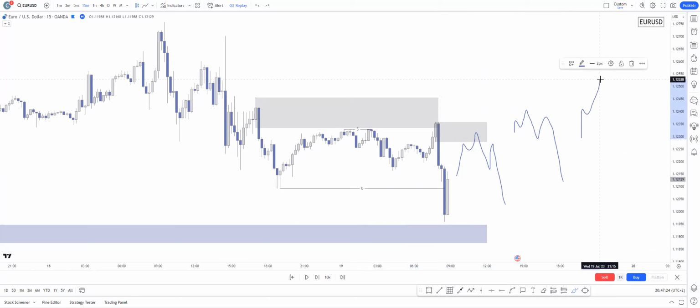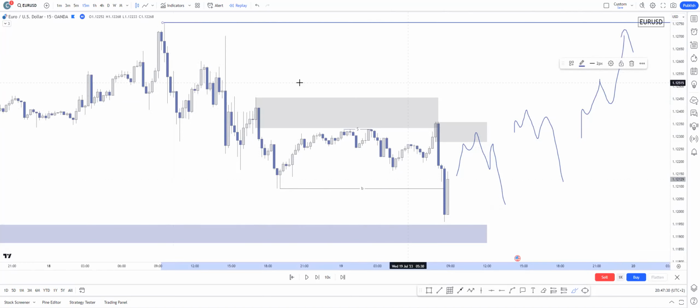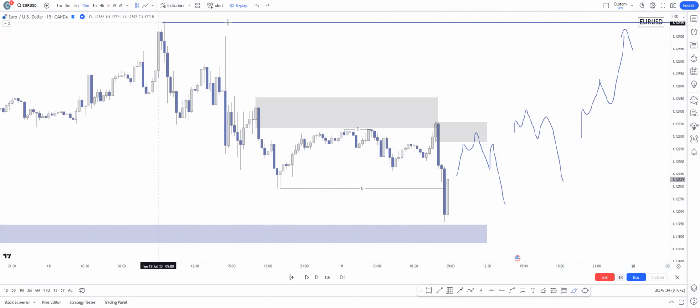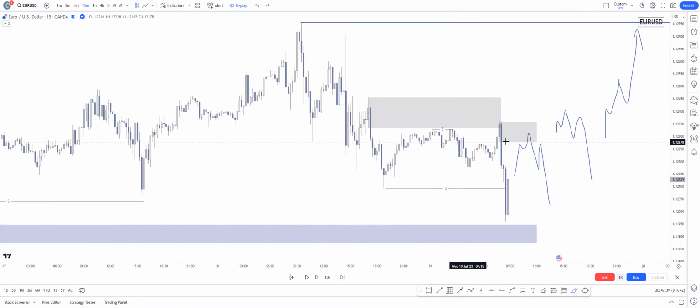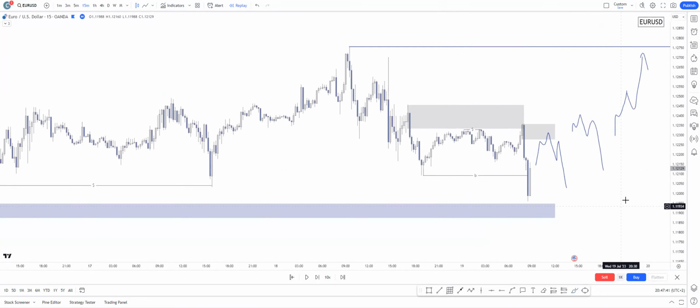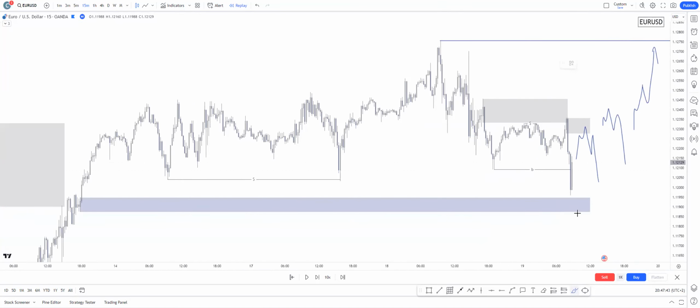However, if price flips this supply right here, then I would execute longs and target this high point up here. If the flip scenario happens, I would expect the continuation of this whole 4-hour daily bullish trend to the upside. However, if price mitigates the 15-minute demand, technically we can wait for a 1-minute change of character targeting supply areas, for example this one, or we can hold it up to this high point right here.